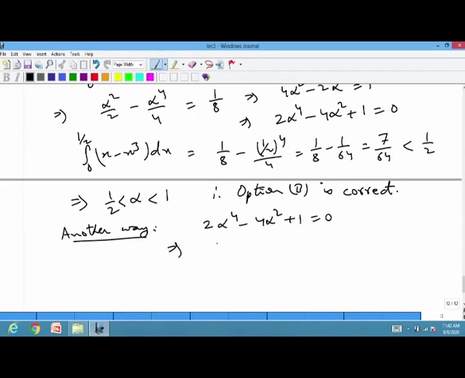This will imply alpha square is equal to 4 plus minus square root of 16 minus 8 by 4. This is equal to 1 plus minus 1 by root 2.